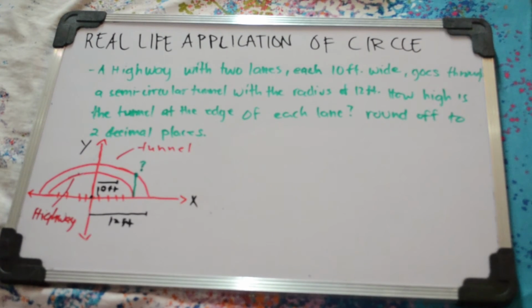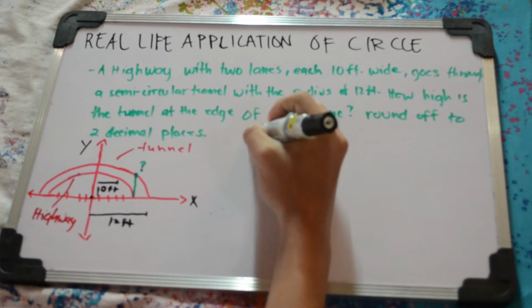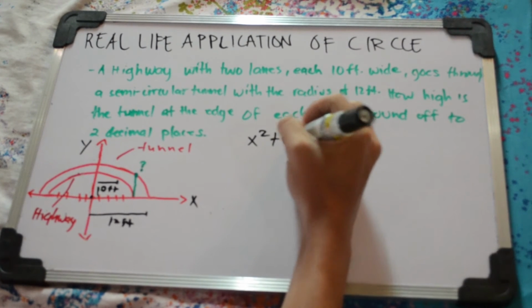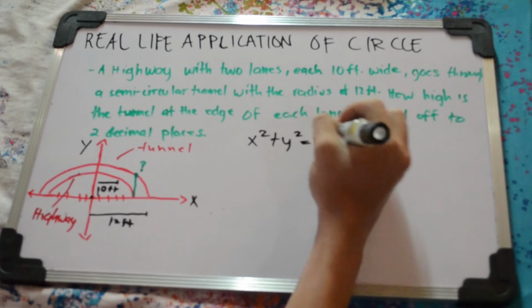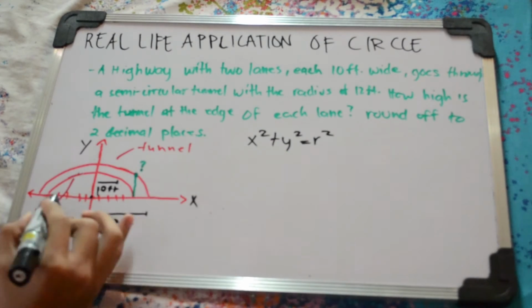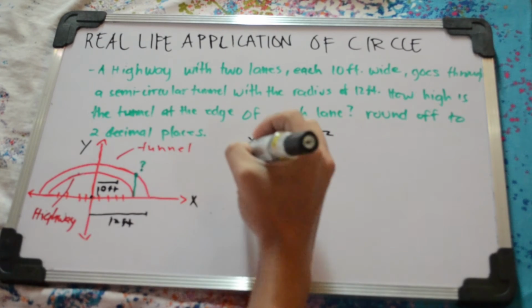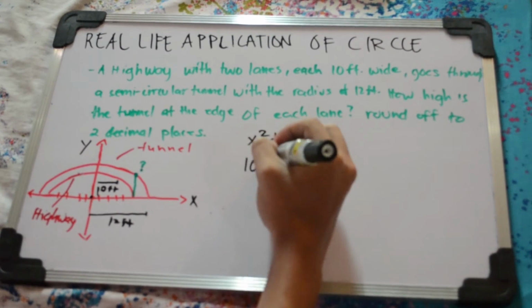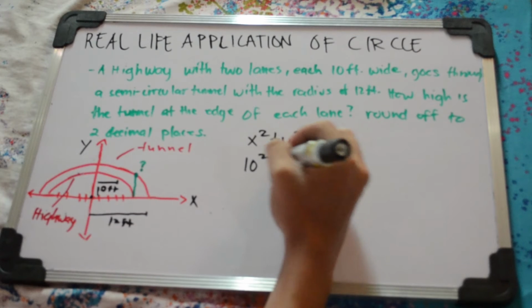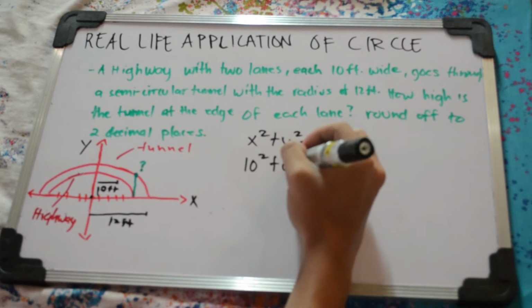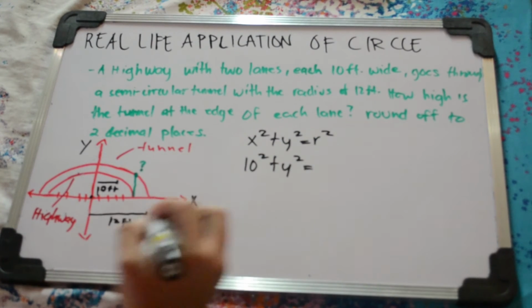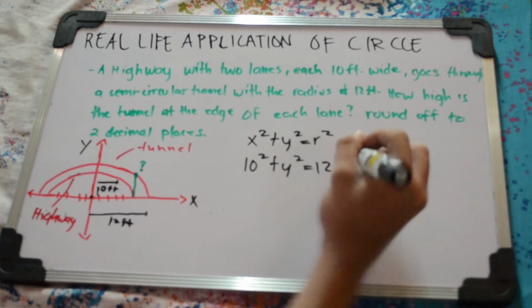So the problem is plotted at the origin, so we need to use the equation x squared plus y squared is equal to r squared, where x squared is given by the width and y squared is given by the height. So x is 10, so it will be 10 squared plus, we don't have the height, so y squared, and the radius is given by 12 squared.